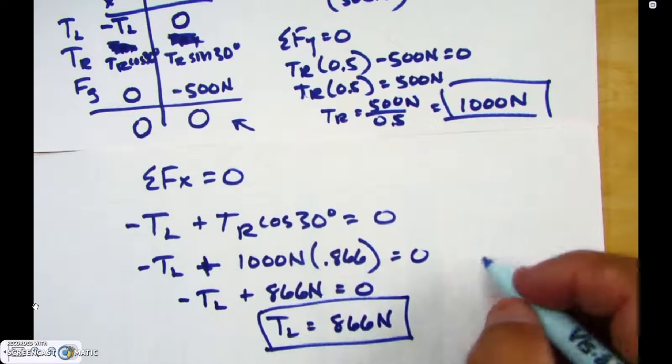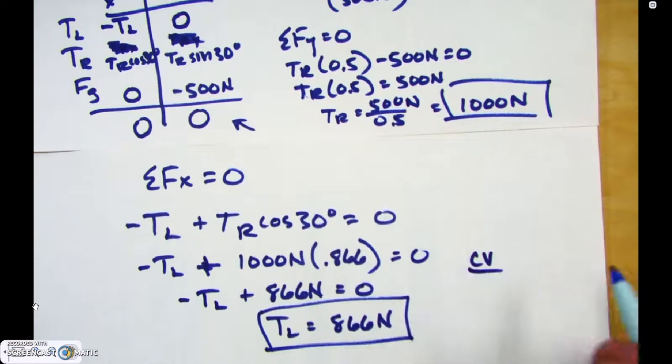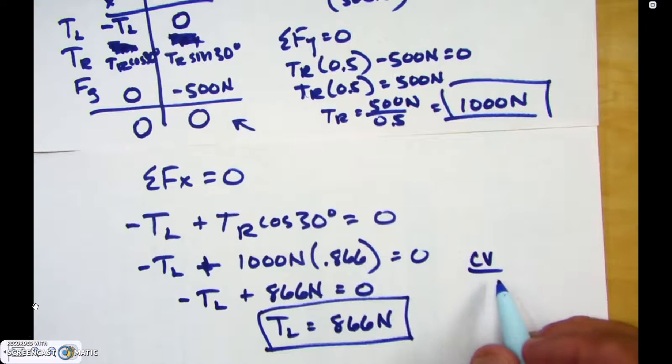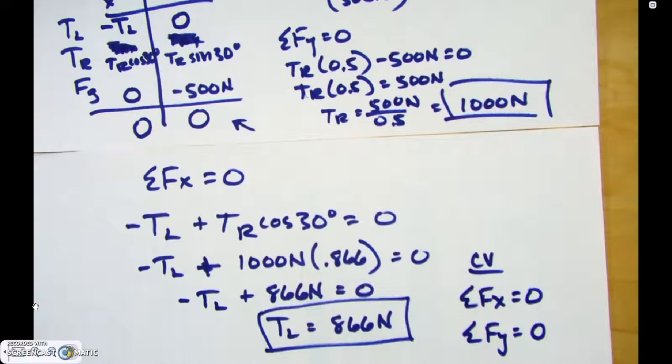The key thing with a problem like this is that your object has constant velocity. It can be moving, but it cannot be accelerating. So therefore, we know the sum of the forces in the x direction equals 0, and the sum of the forces in the y direction equals 0. We won't do it in this class, but in the future, if you studied this in greater detail, you could make three-dimensional structures, and you could have a sum of the forces in the z direction equal to 0.